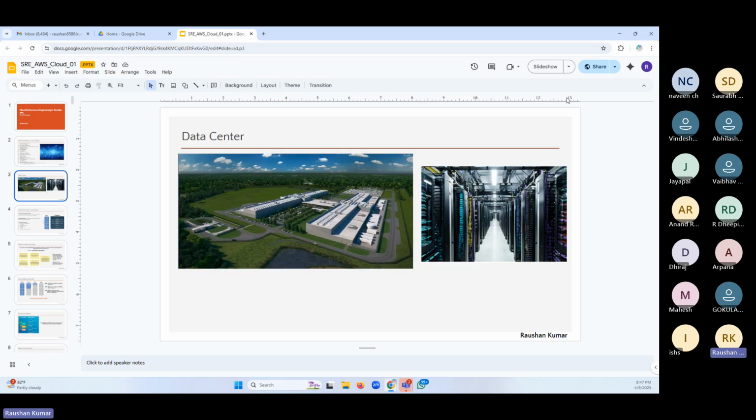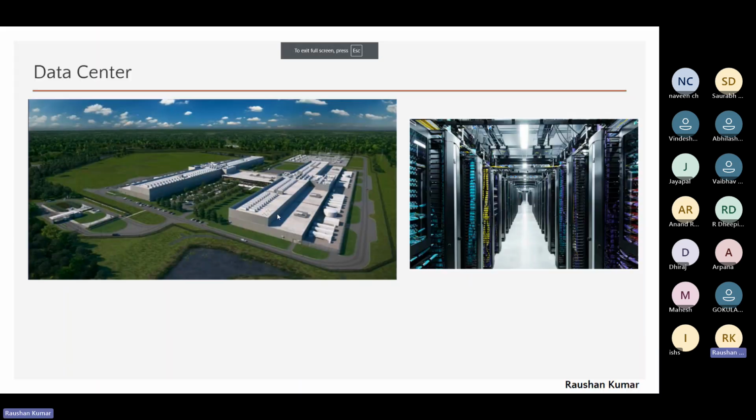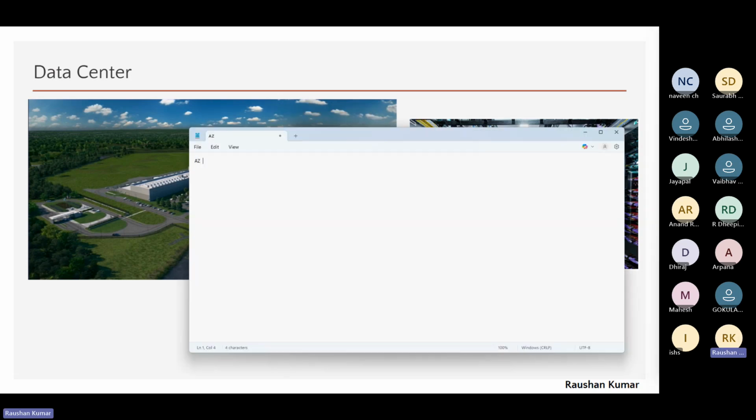So this is the availability zone. This is a data center. This is a data center, right? If you want to define, let's say, what is an availability zone? Let's say you asked, Roshan, what is that? An availability zone is defined as one or more discrete data centers.